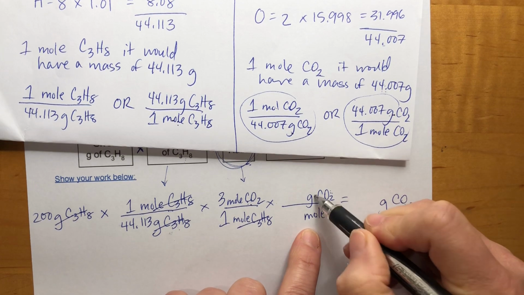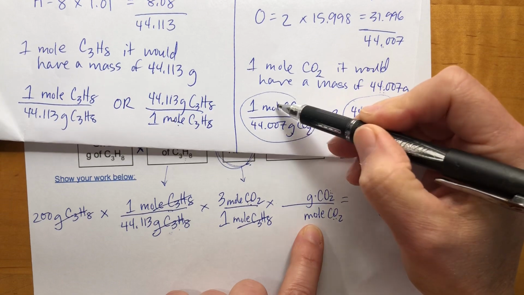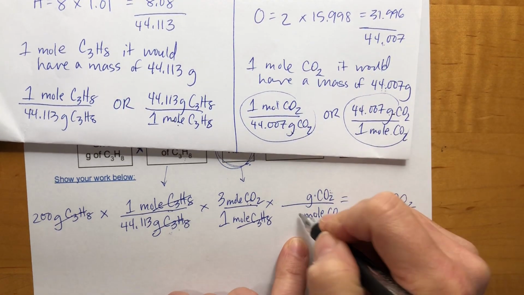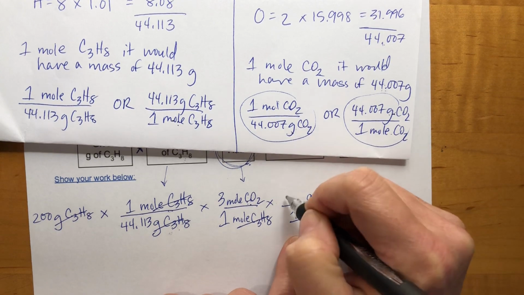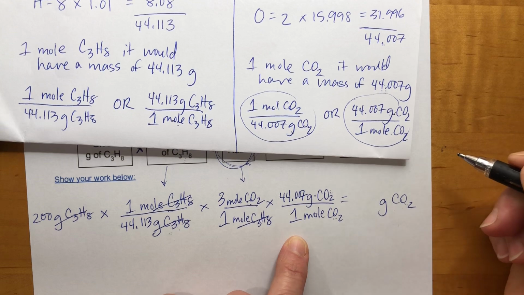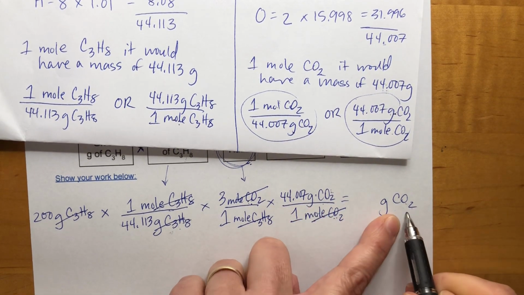So because I need the units set like this, I can't use this one. This is moles over grams. I need this one, grams over moles. So 1 mole of carbon dioxide has a mass of 44.007 grams. Moles of carbon dioxide cancel, and the last unit standing is the unit I want.